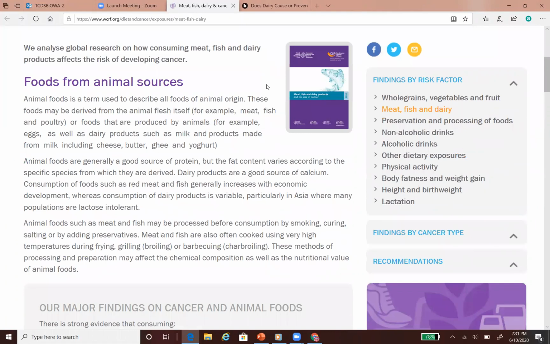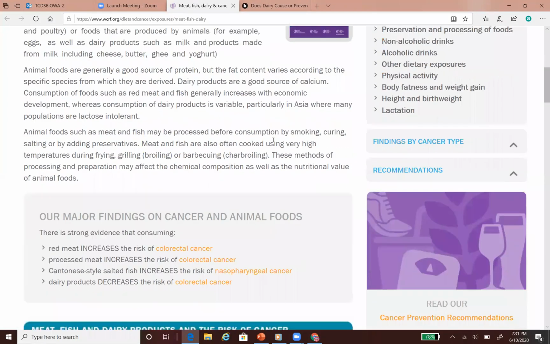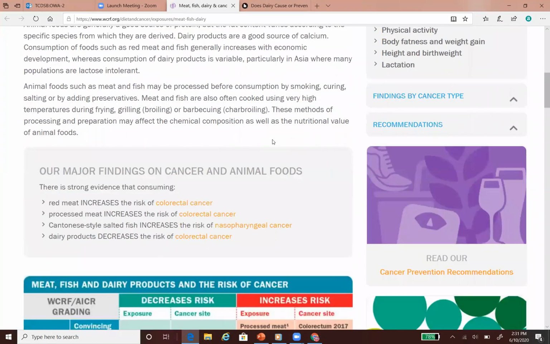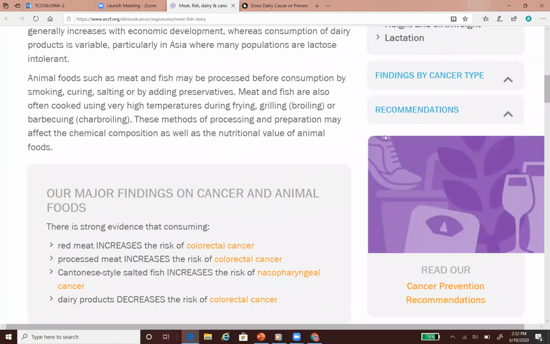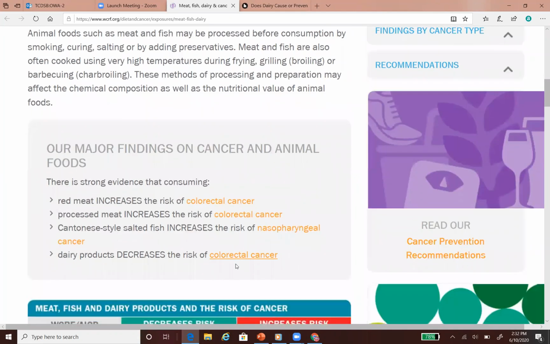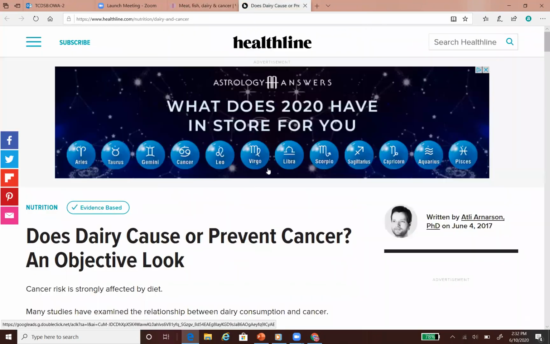You want to look at many studies. You want to know what's the overall finding. So, for example, here it says the major findings include that eating red meat raises the risk of cancer in your colon, whereas consuming dairy would decrease the risk of cancer in your colon.